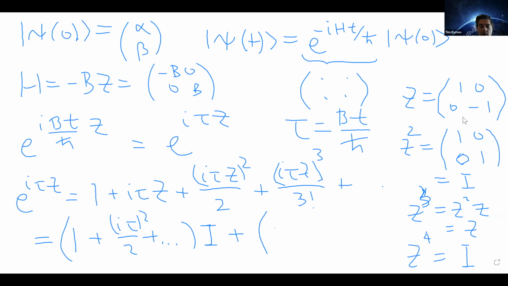The odd powers are going to be i tau plus (i tau) cubed over 3 factorial, dot dot dot, and all these are going to be Z. Now, can anybody spot a nice way to write all this?